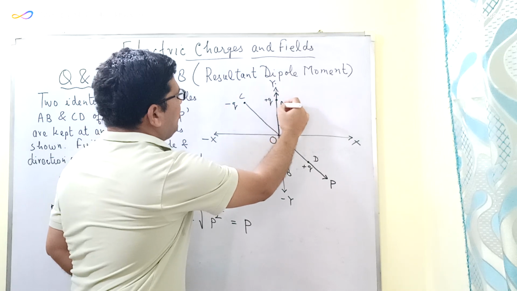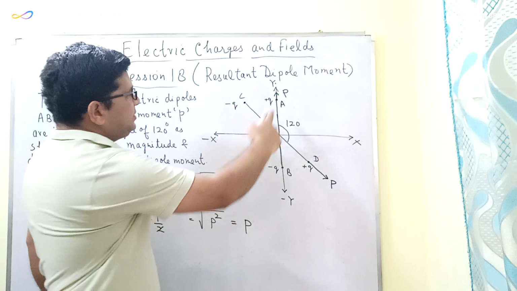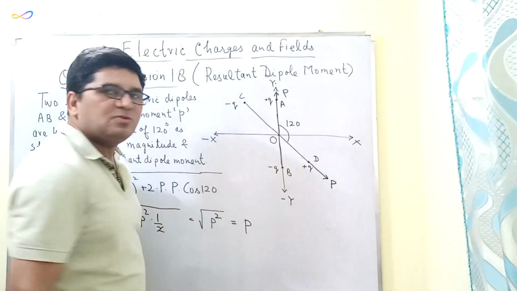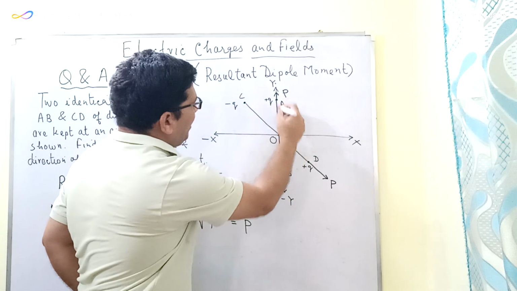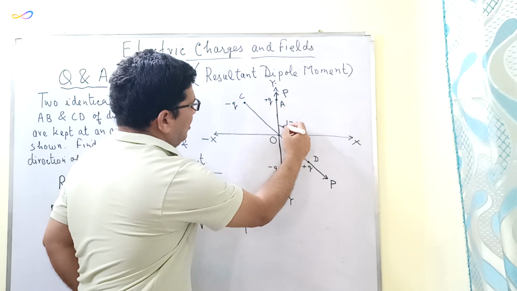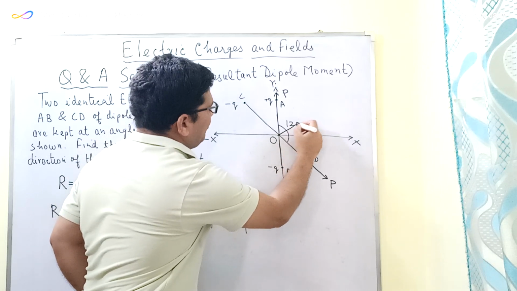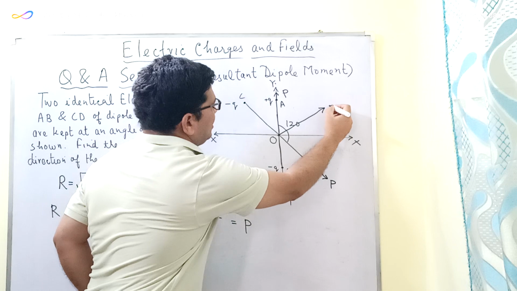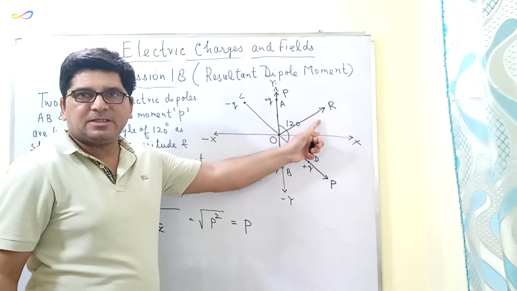The magnitude of both these two vectors is p. So since the magnitude of both these two vectors are equal, therefore the resultant will be bisecting this angle of 120 degrees.